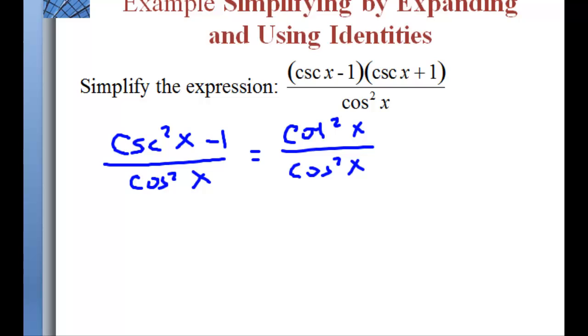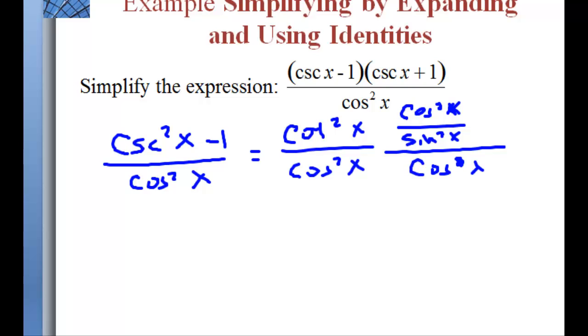When you are simplifying and you get stuck, sometimes it's easier if you change everything you can to sine and cosine. So cotangent is going to be cosine squared of x over sine squared of x, still divided by cosine squared of x.